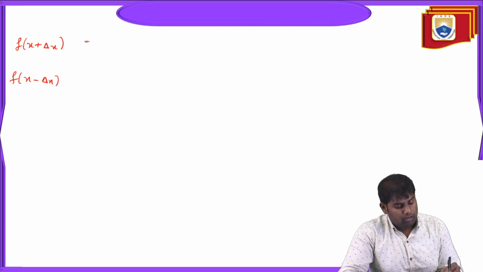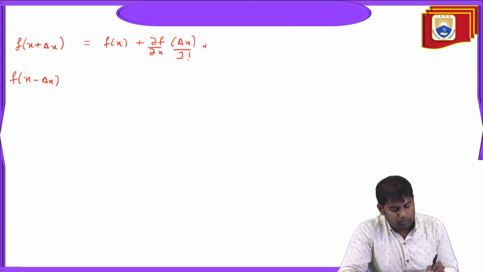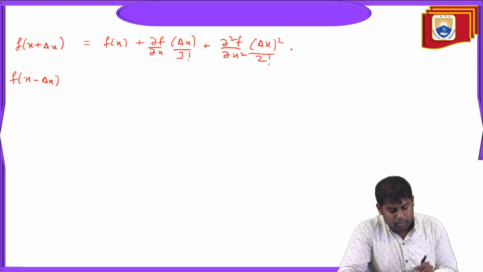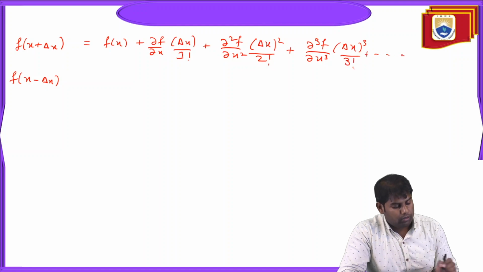The first is equal to f of x plus ∂f/∂x into delta x divided by 1 factorial, plus ∂²f/∂x² into delta x squared divided by 2 factorial, plus ∂³f/∂x³ into delta x cubed divided by 3 factorial, and so on.